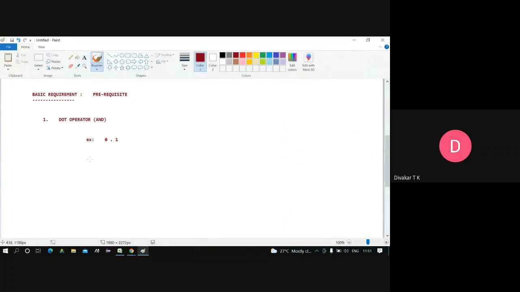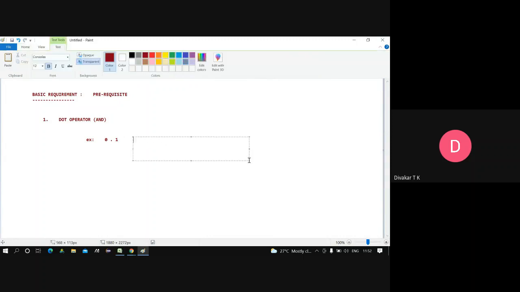0.1 we also write in the form 01. See, if I don't write the dot here, it is understood that a dot is present. You're supposed to understand this part. There is no necessity of writing a dot.